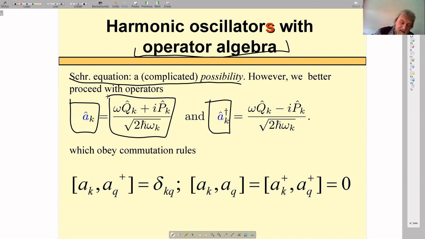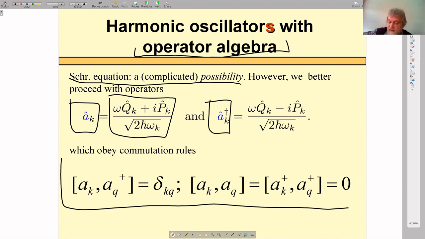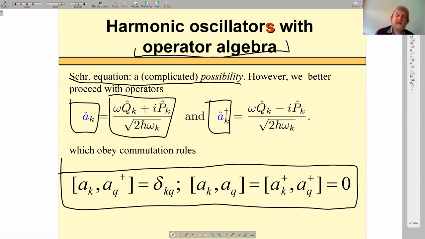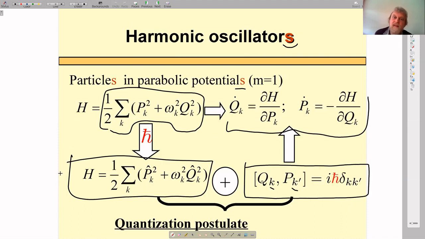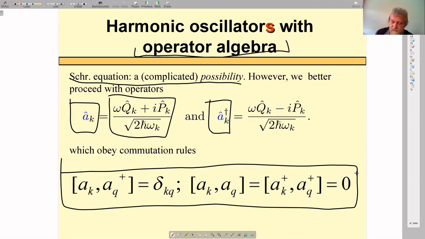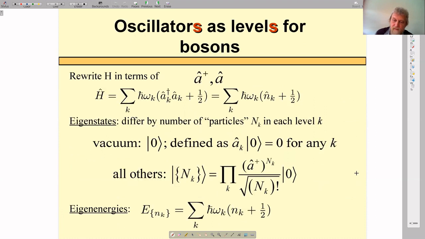And well, the commutation rules these operators obey can be derived from the commutation rules we have just recently postulated here on this transparency. Fine, so let me repeat it, making it in plural form consistently.